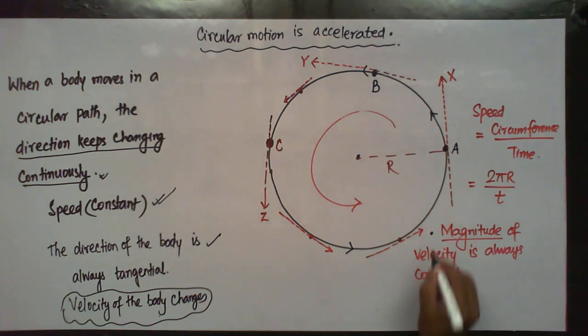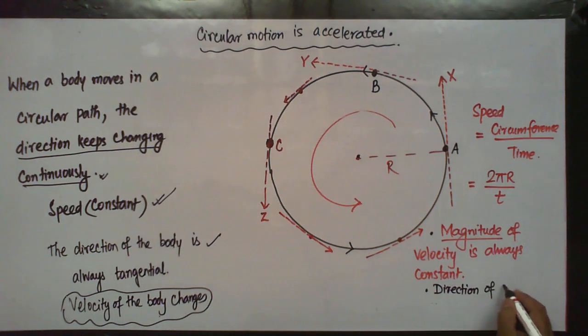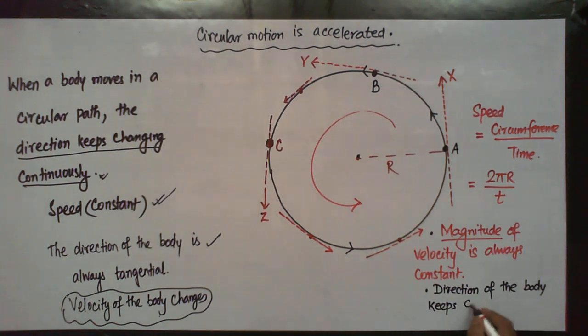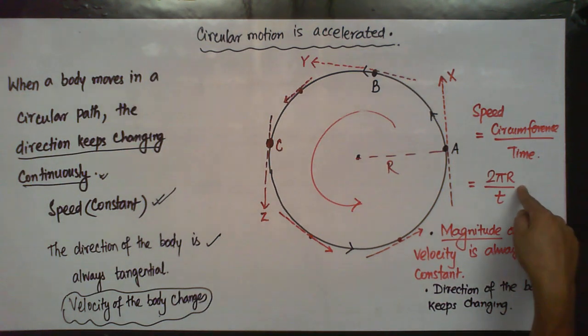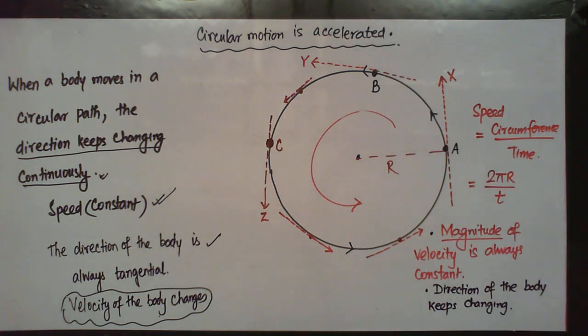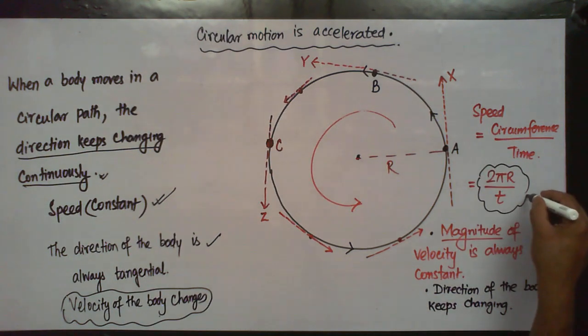These are the 2 points you have to remember always. Direction of the body keeps changing. Okay, so this is all about circular motion, and you can find out the speed of the body by using the formula 2 pi r by t. It's a very easy formula to remember.